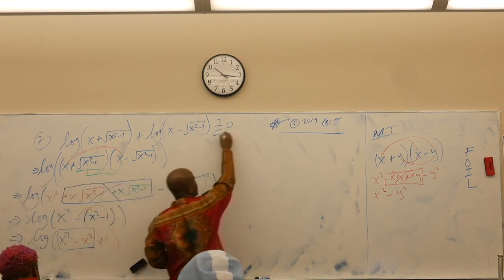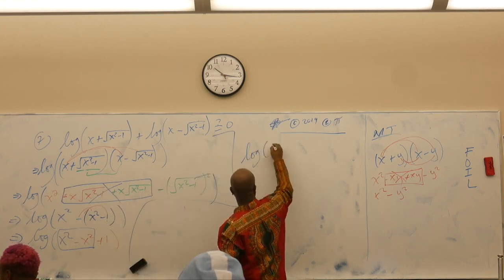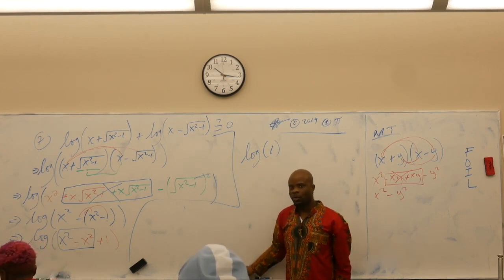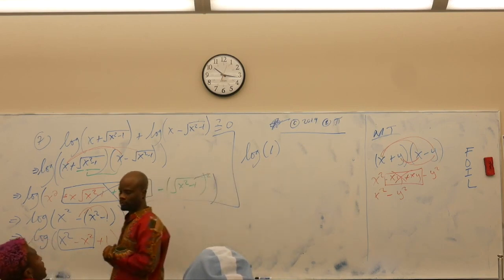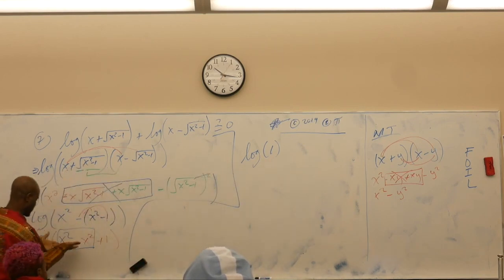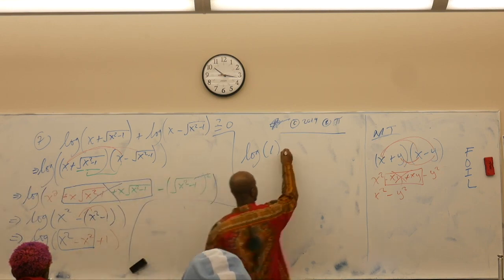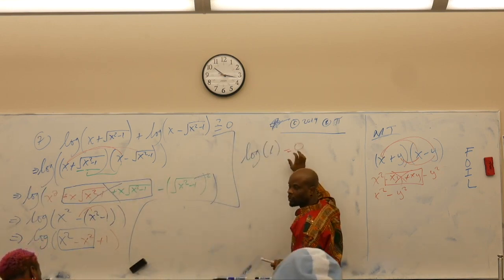So what I get is the log of 1. What is the log of 1? What power do I have to raise something to get 1? 0. Yes, this is 0. X squared minus x squared is nothing. So it's 0, which is what we wanted to show.